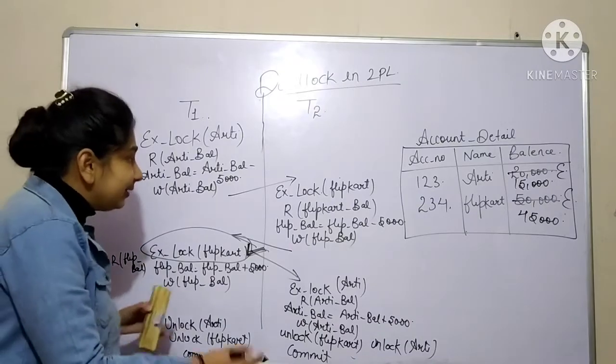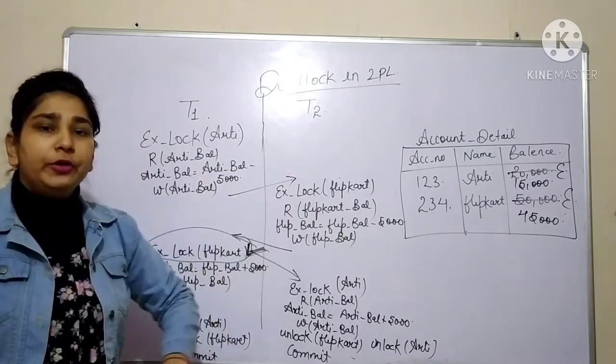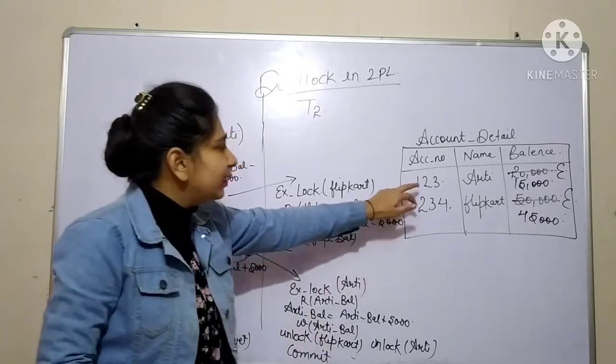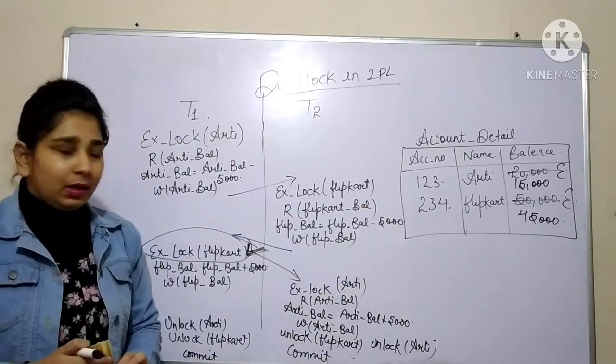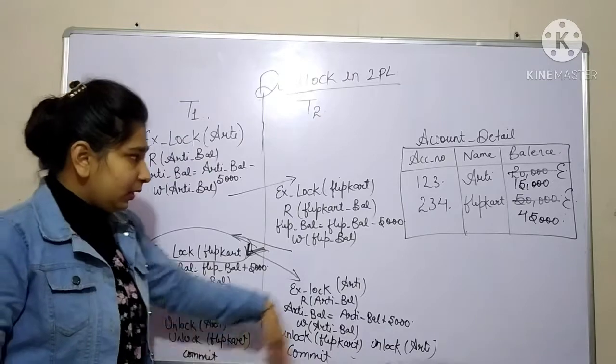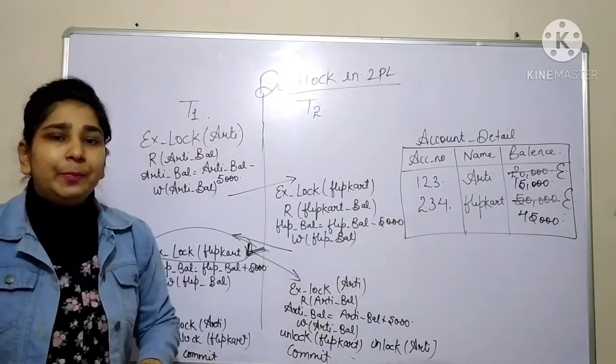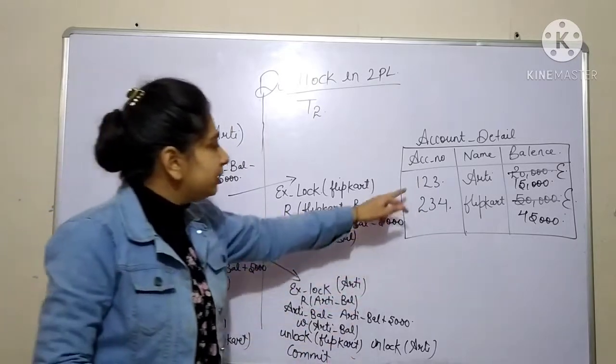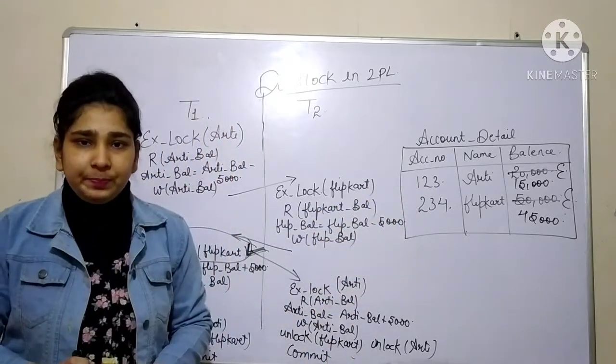This transaction T2 wants to refund the money from Flipkart's account to Aarti's account. We deducted money from Flipkart's account, and now we have to add that deducted amount to Aarti's account.